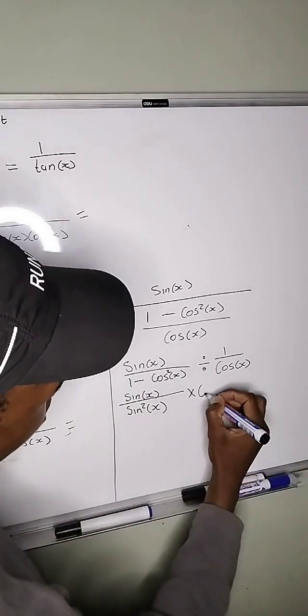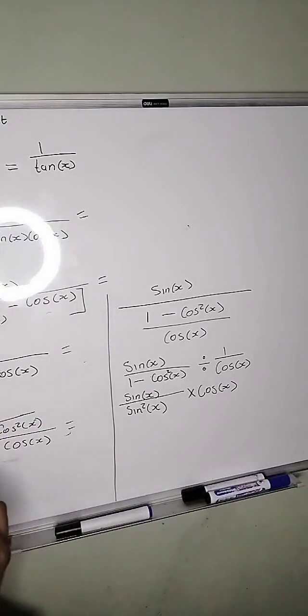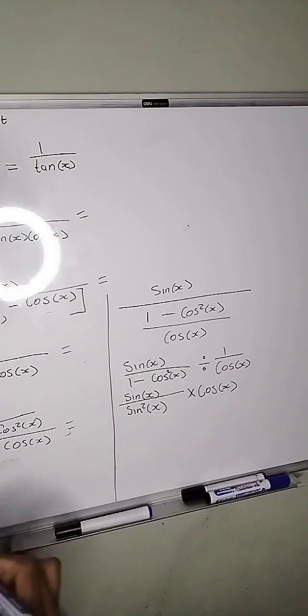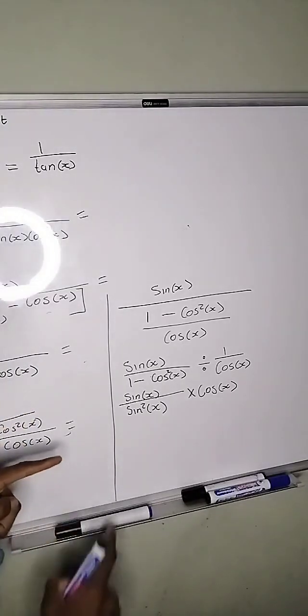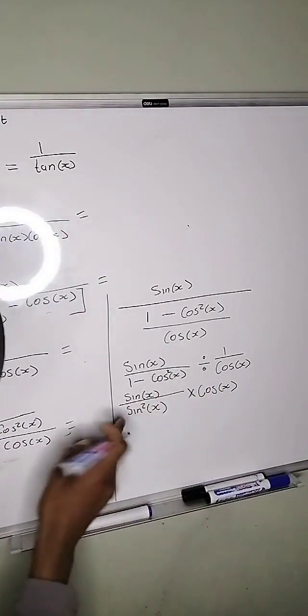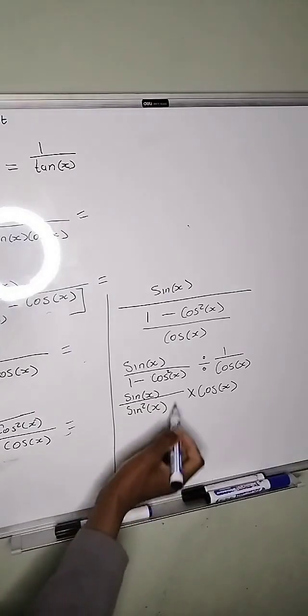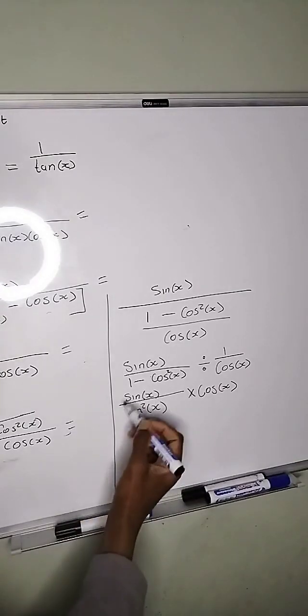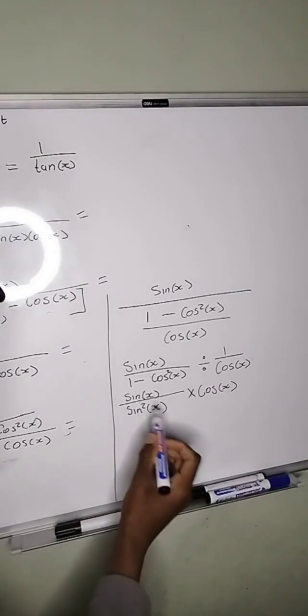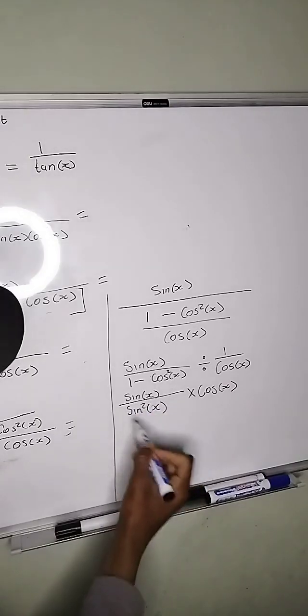So I'm going to have cos x, right? Do you see? One of the sines on the denominator will cancel out one of the sines on the numerator. So what's going to be my answer here?